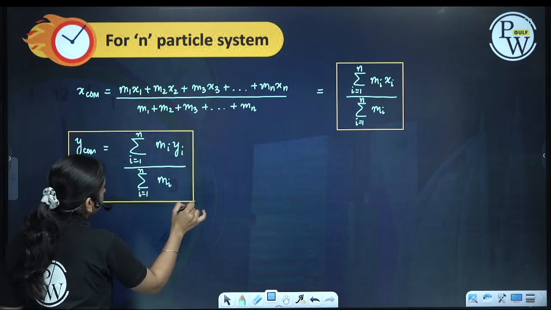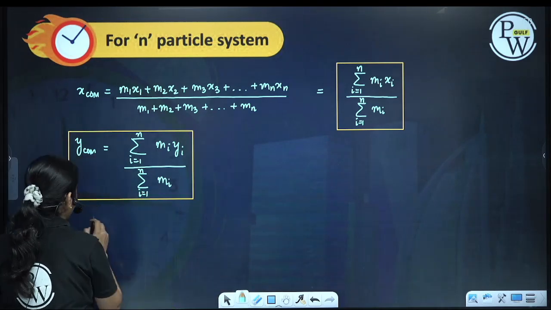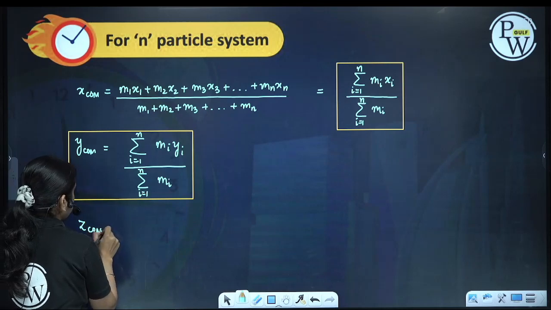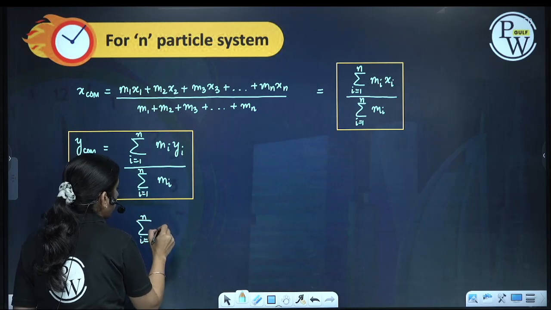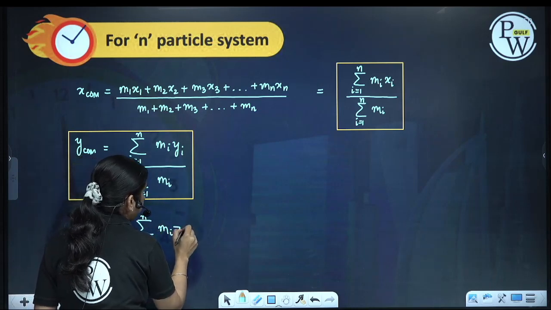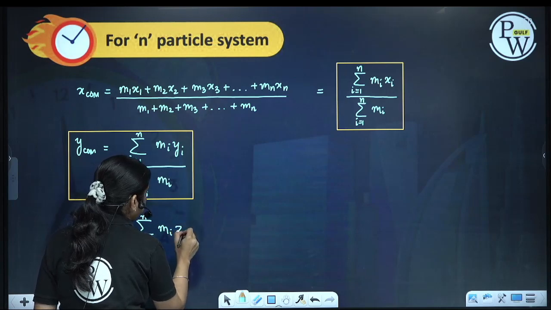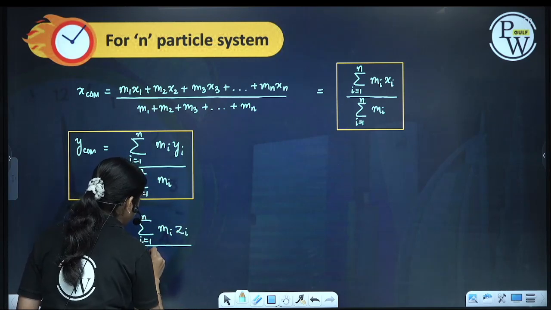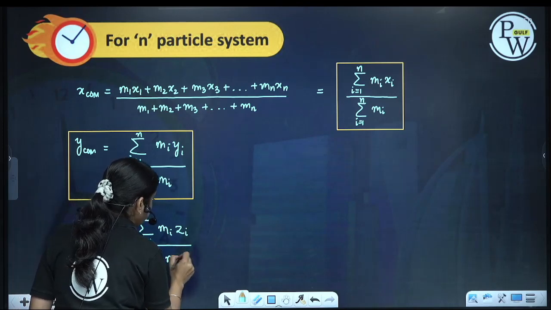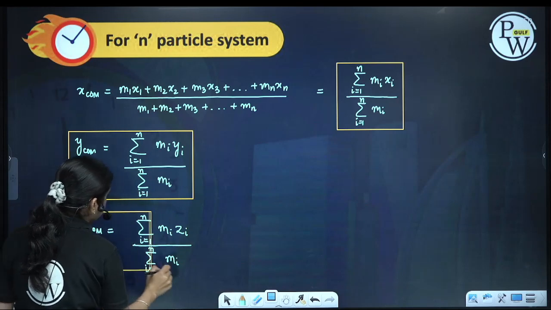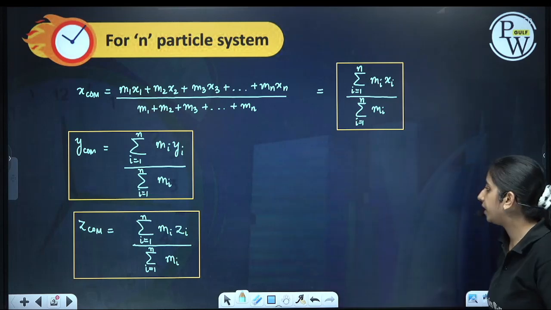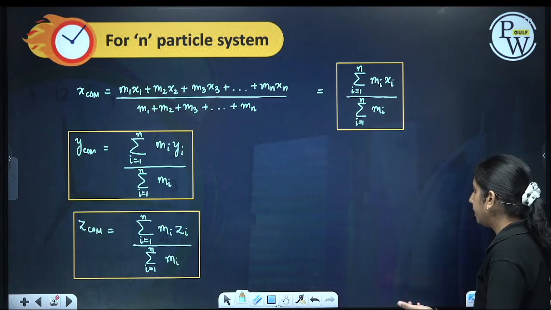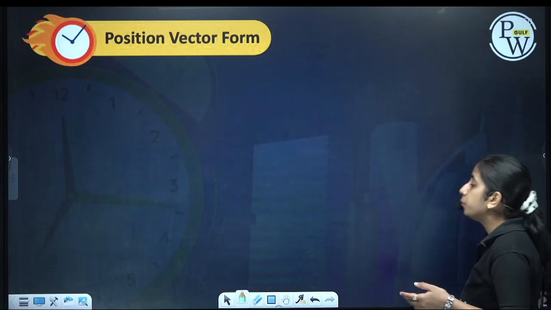This is the y coordinate of the center of mass, and similarly the z coordinate is summation i from 1 to n of mi into zi divided by summation i from 1 to n of mi. So if we have an n particle system, we can define the coordinates of the center of mass like this. Position vector form.